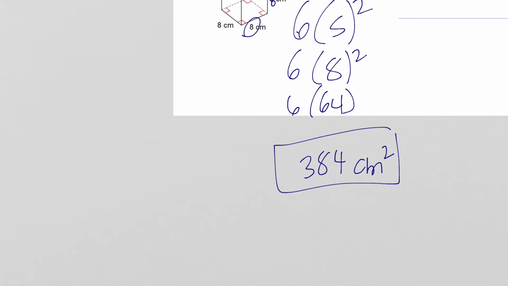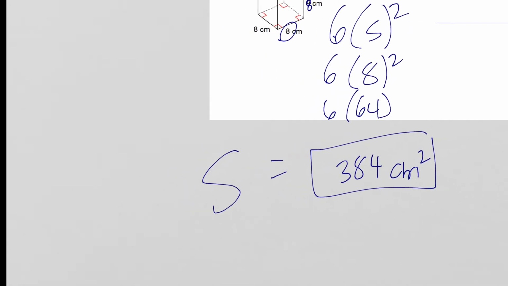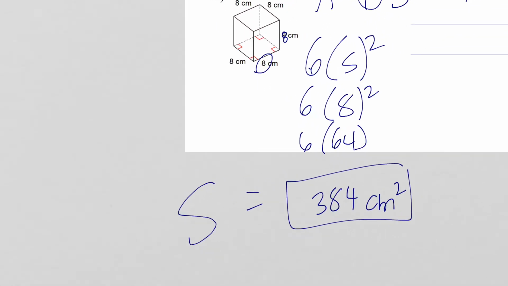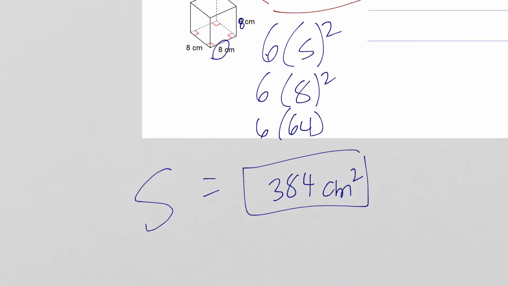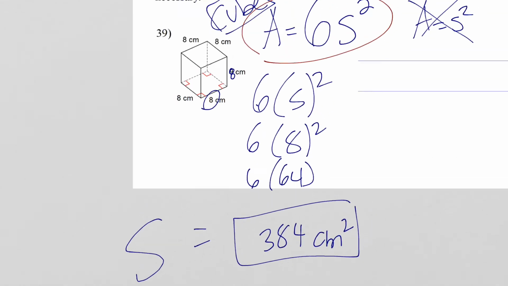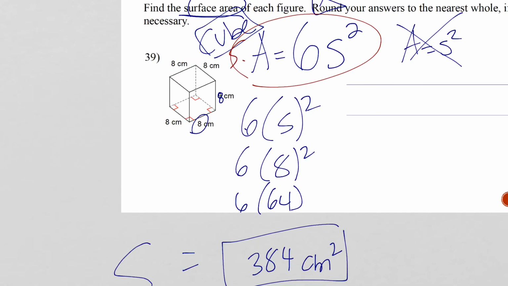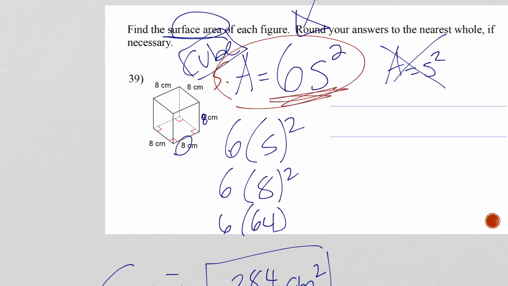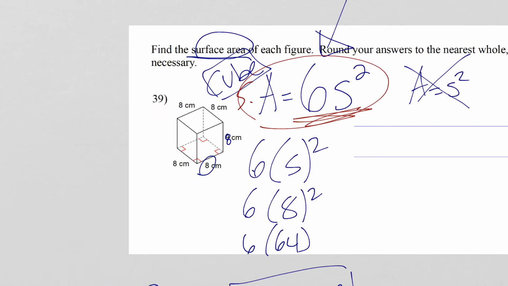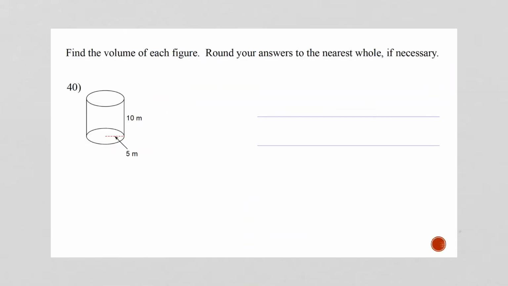And I think someone from my 6th period, Yair, was the one that told me this, and I told him, oh yeah, you're right. So thanks, Yair, from 6th period. Surface area S, or just A, 384. So make sure you change it to 6 s squared. You are having a cube on the final.